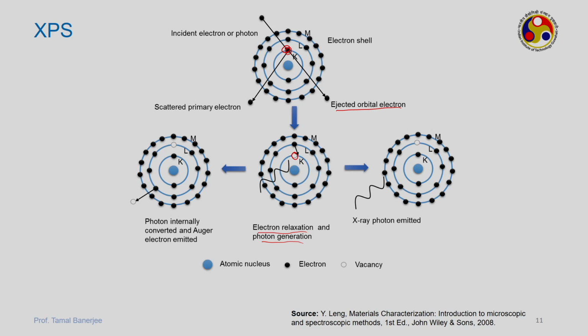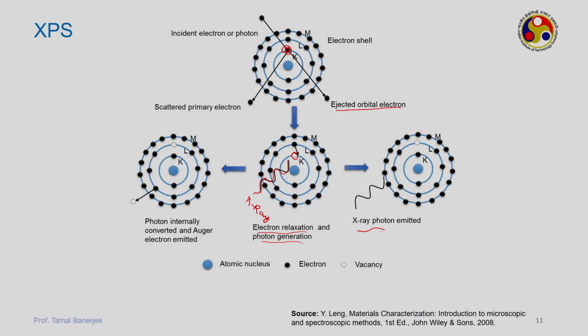While it relaxes, the excess energy, which is the difference between the binding energy of K and that of L, is given out in terms of an X-ray. That is what is shown here: the X-ray photon is emitted.